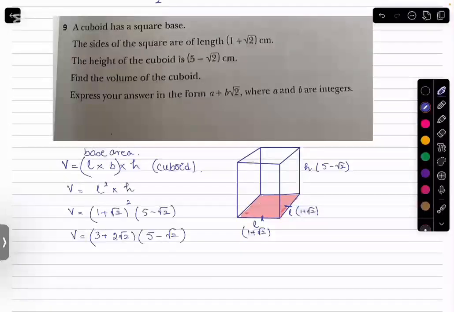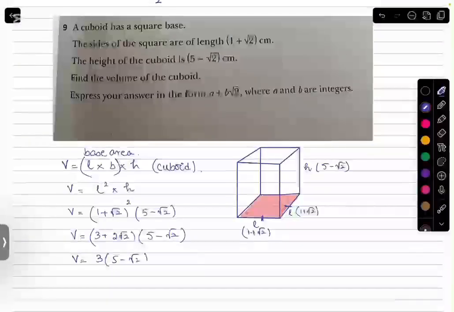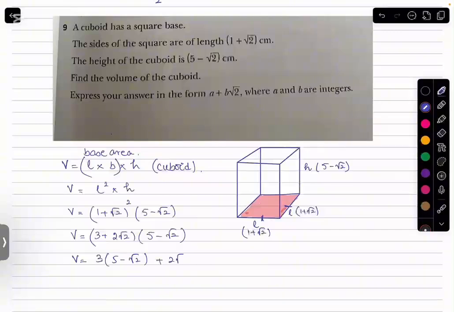Now what will we do? We need to expand it. So it should be 3 times 5 minus root 2 and then plus 2 root 2 times 5 minus root 2. Correct?